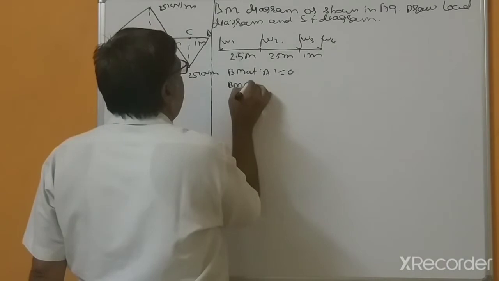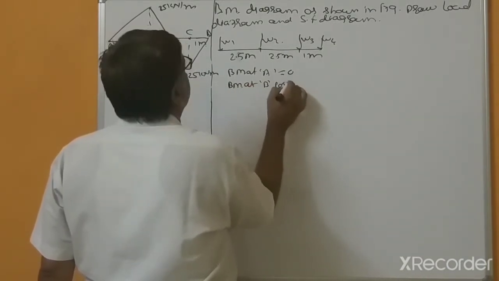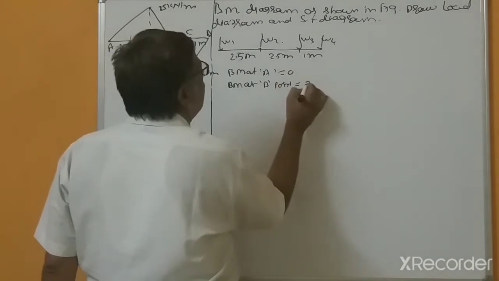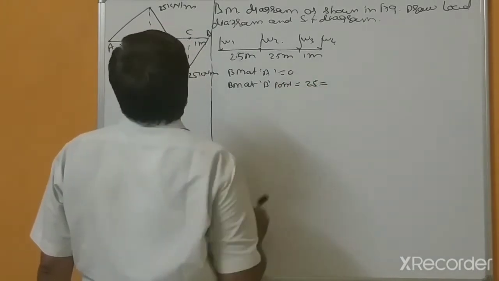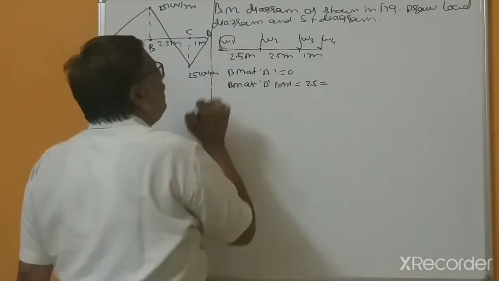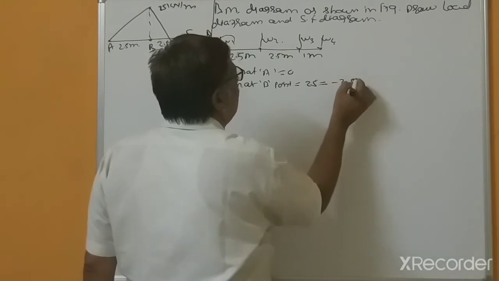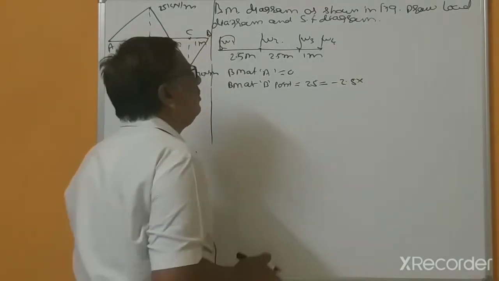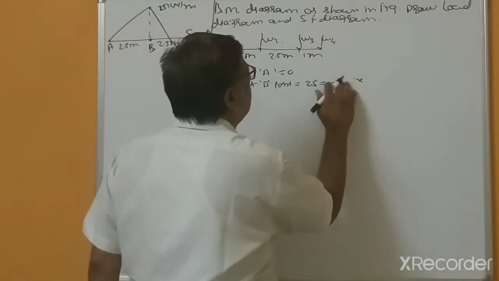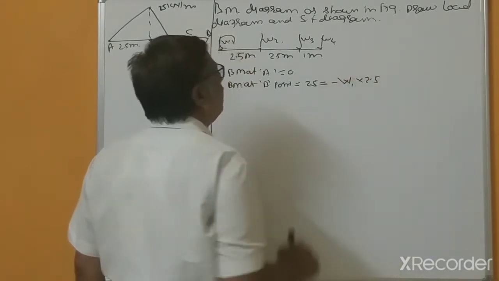Bending moment at B point equals 25, which is this force multiplied by distance, and this is anti-clockwise, so W1 into 2.5.